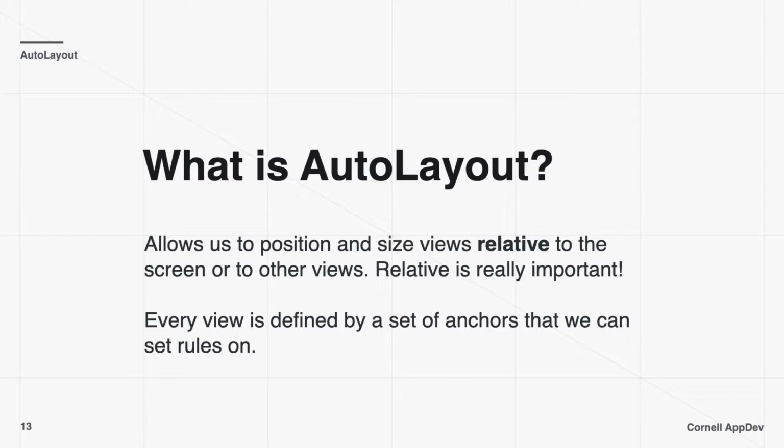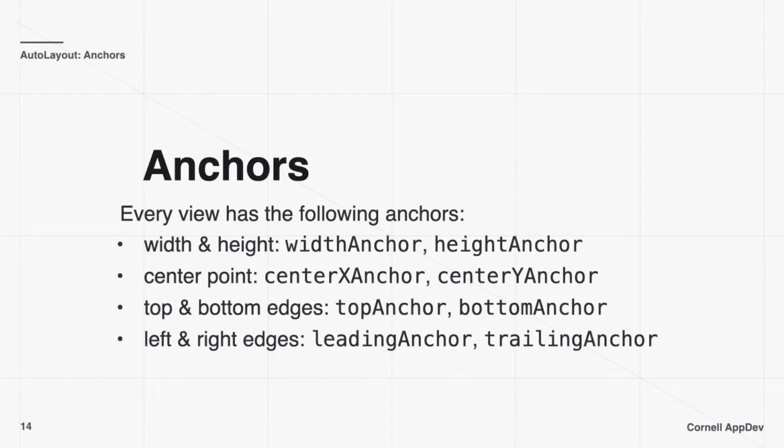To place these views relatively, we use a set of anchors and we place some rules on these anchors. For example, if you want to set the width and height of a view, you use the width and height anchors.